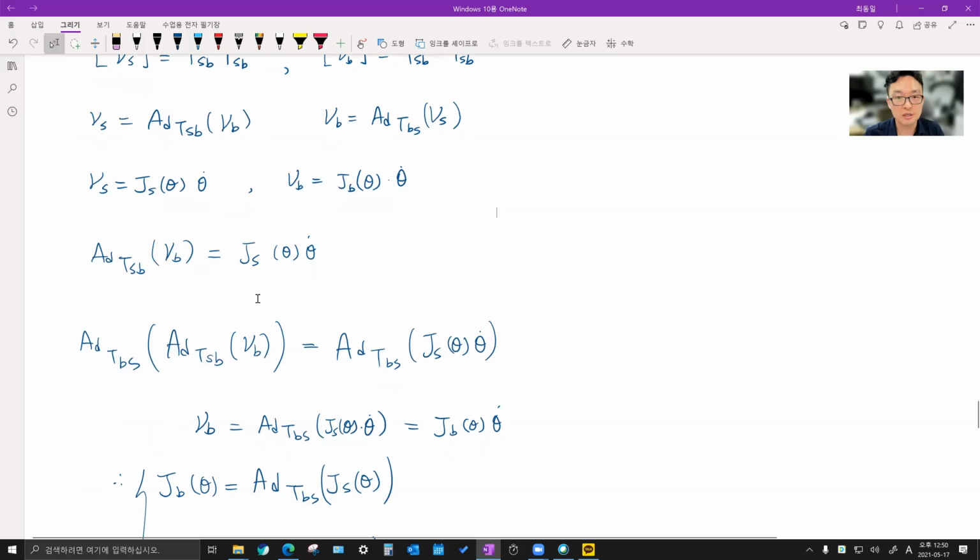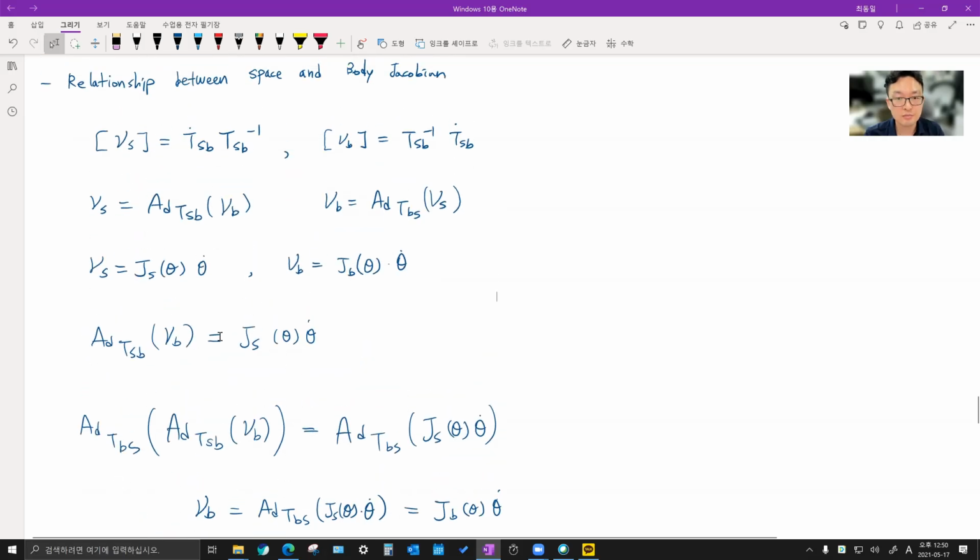Okay, in here, this one is equal to this one. So we can write down like this.